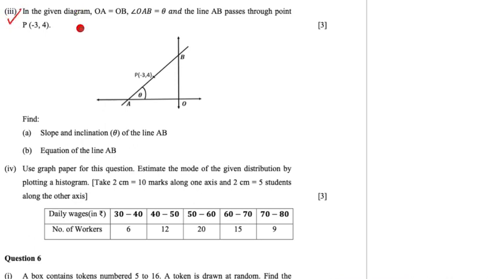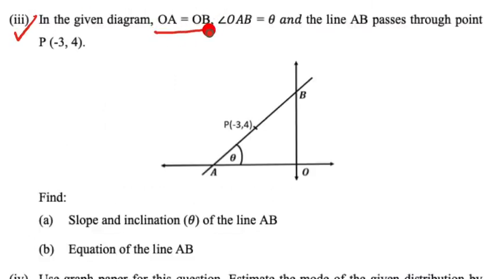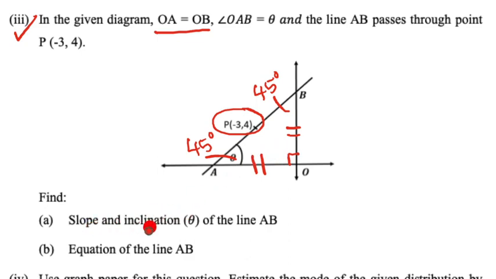Question 5, third one. In the given diagram, OA is equal to OB. So if OA is equal to OB, this angle becomes 45 degrees because it's an isosceles triangle, correct? OAB is theta and the line AB passes through this point, minus 3, 4. We have to find slope and inclination of AB.